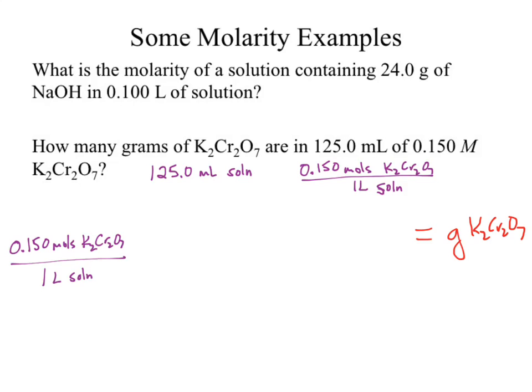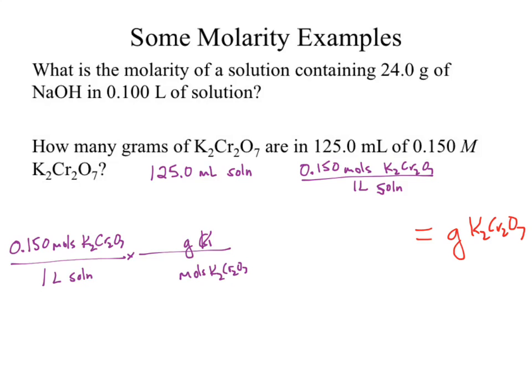So, now what I'm going to do is compare, now that I've picked something to work with. Do I want moles of potassium dichromate? No, I want grams. Can I convert my moles into grams? How can I do that?